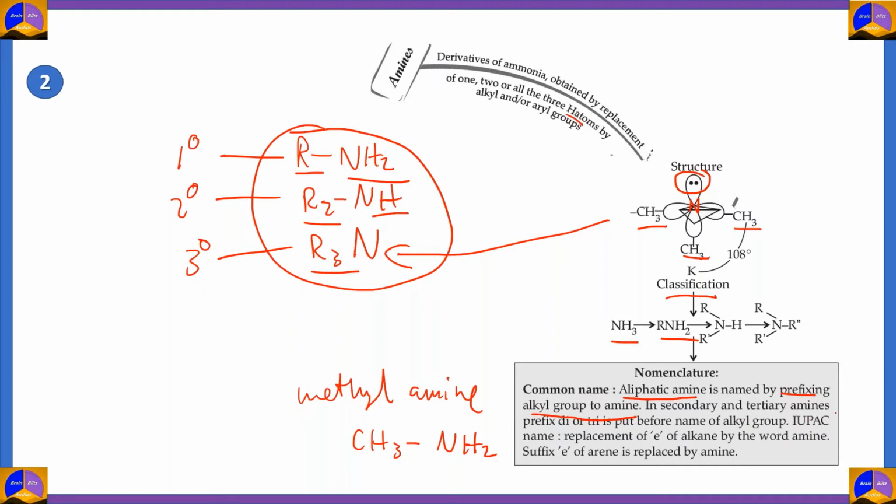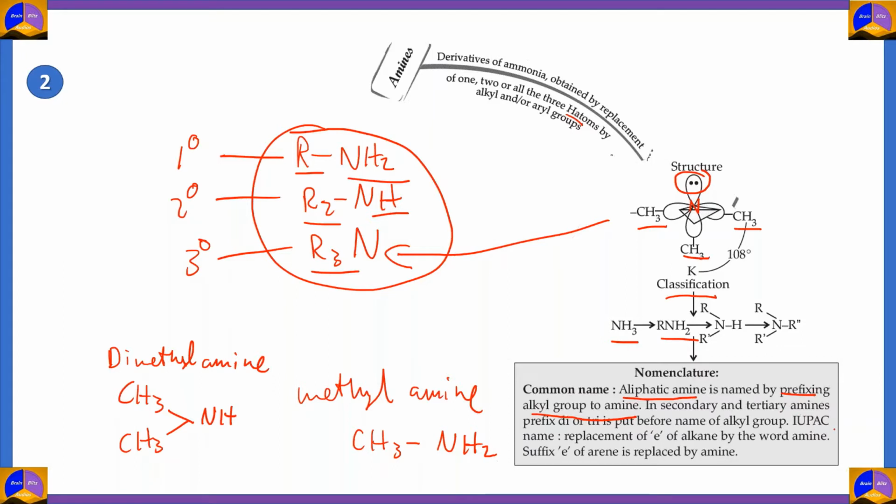In secondary and tertiary amines, prefix di or tri is put before the name of the alkyl group. So if we have CH3, CH3, NH, that would be dimethylamine. And if we had 3 CH3s, it would be trimethylamine.